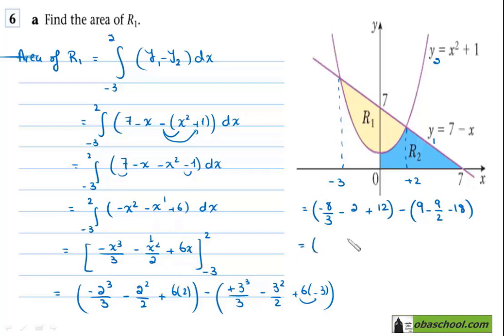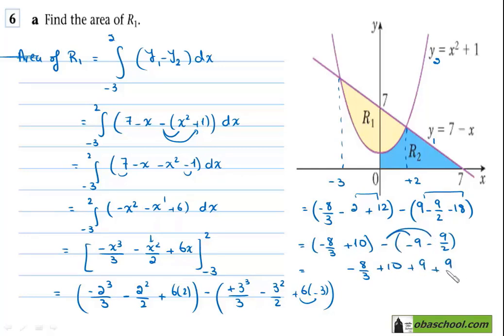We continue solving normally. Minus 8 over 3 plus 10 minus 9 over 2. Okay, so minus 8 over 3 plus 10. Minus times minus is plus, so plus 9 over 2. Okay, so minus 8 over 3 plus 9 over 2 plus 19.